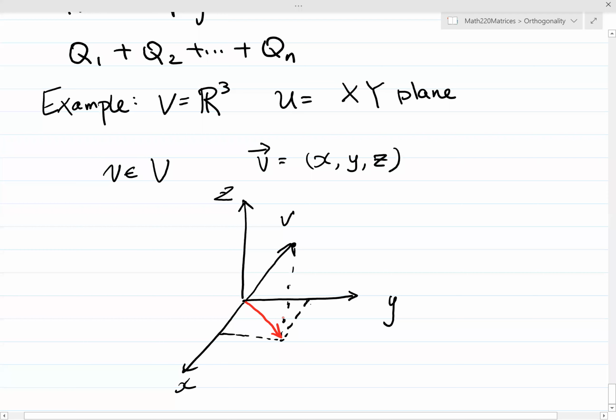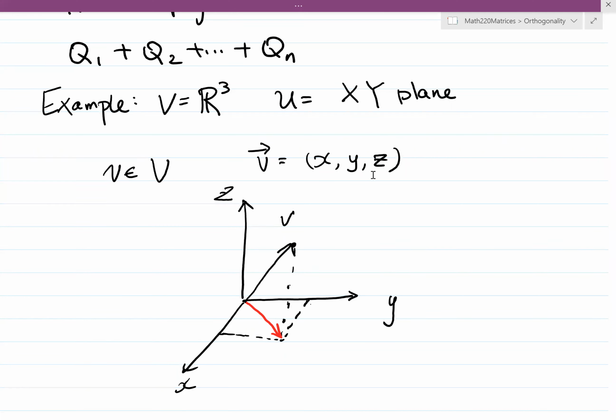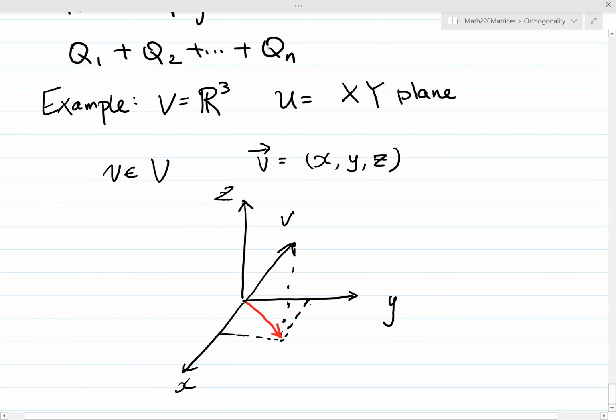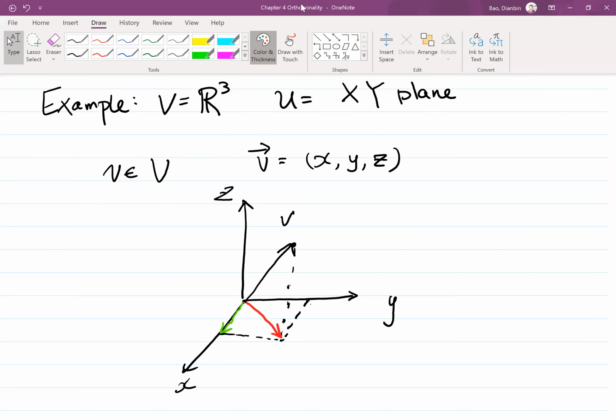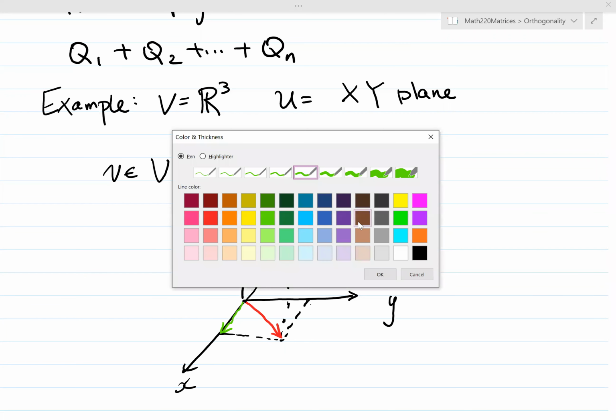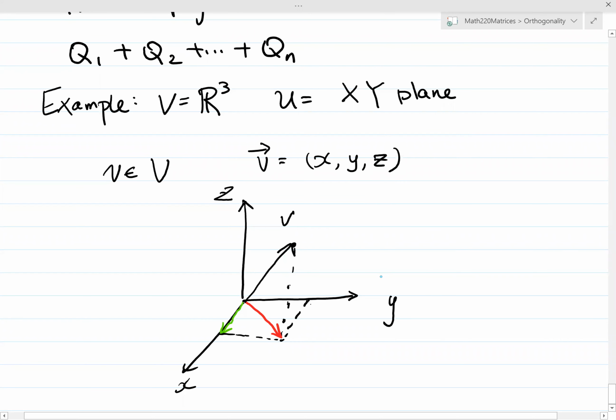Now, if you project onto the X axis and onto the Y axis, let's use green for X. Projecting onto X, you get the green part. And you project onto Y, you get another color, let's use blue.